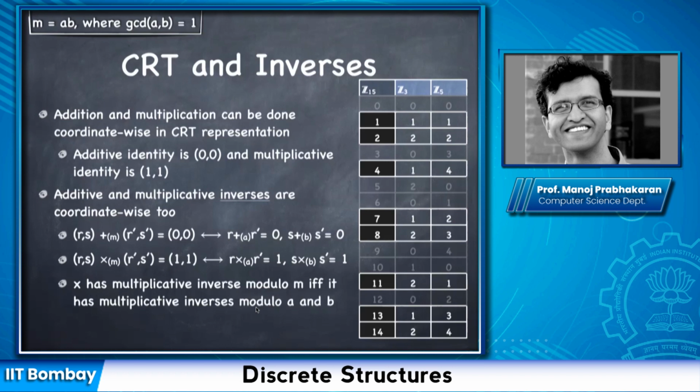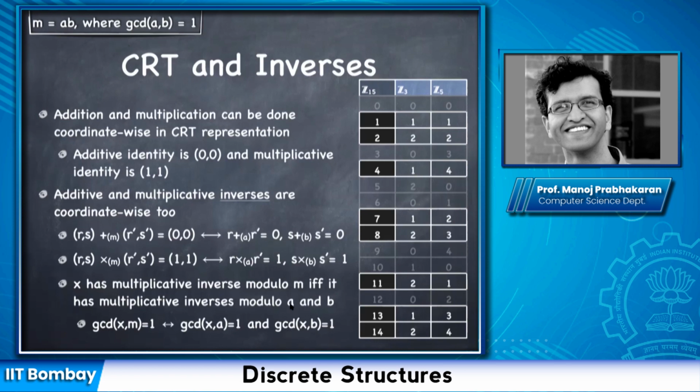In fact, this is something we already talked about: when a number has a multiplicative inverse modulo M, that's when it is co-prime with M. And then from there you could have directly deduced this without knowing the Chinese remainder theorem. That's just the statement that X is co-prime with M if and only if it's co-prime with A and it's co-prime with B, provided M equals A times B. And here you don't even need A and B to be co-prime with each other.